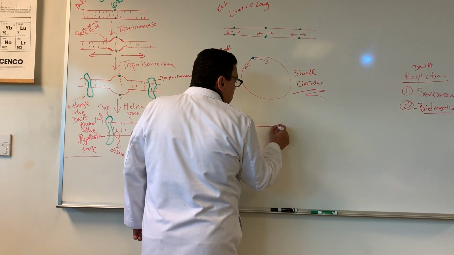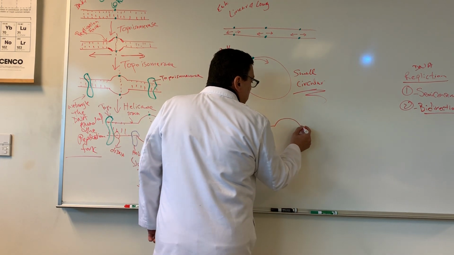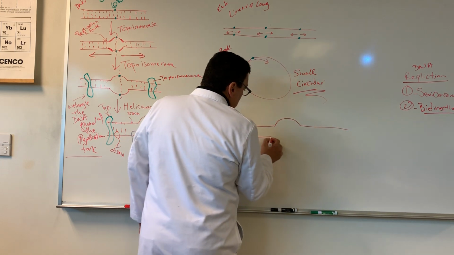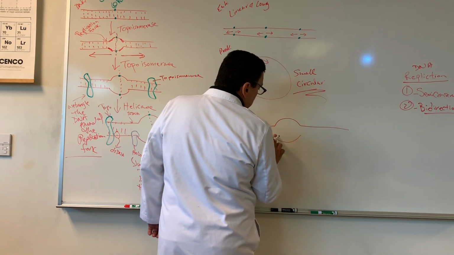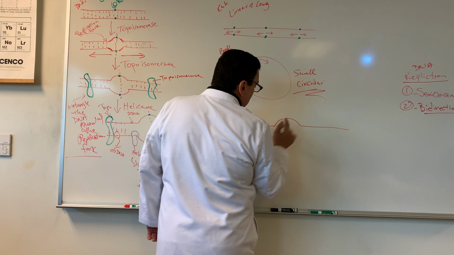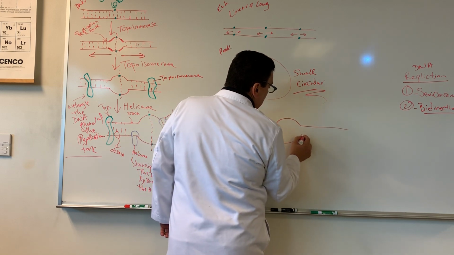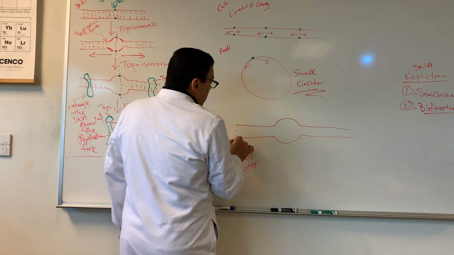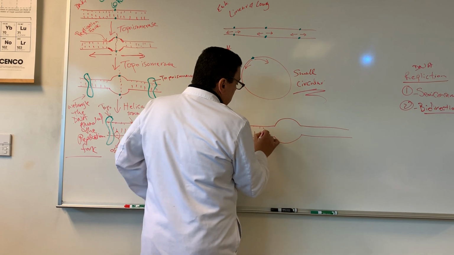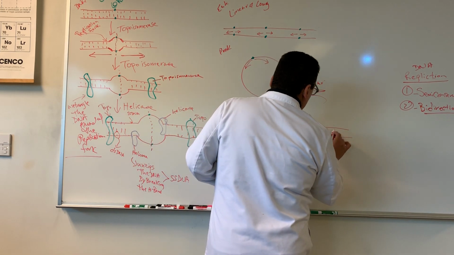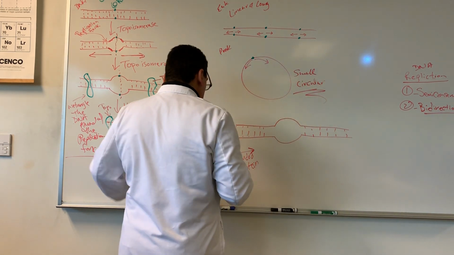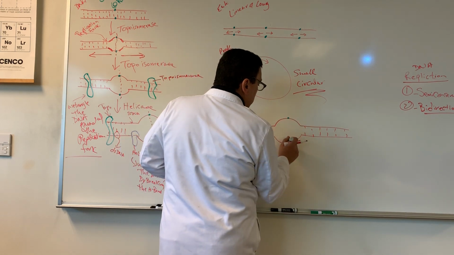It would look like this. Here's the bubble. The hydrogen bonds. The green for the origin of replication.